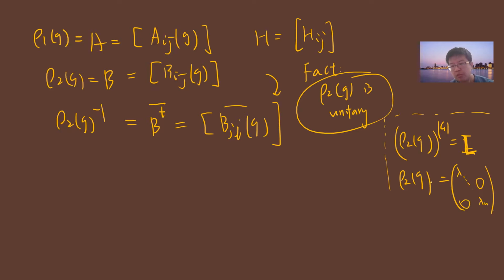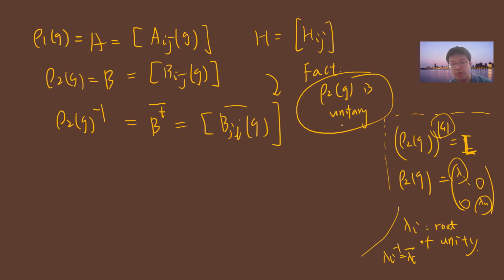But if G to the group order is the identity, that means all these eigenvalues are roots of unity. So lambda is a root of unity. If you change the basis back, then take conjugates and multiply, they become identity. Because they are roots of unity, lambda_i inverse will be lambda_i bar.